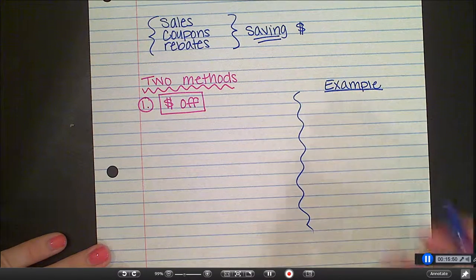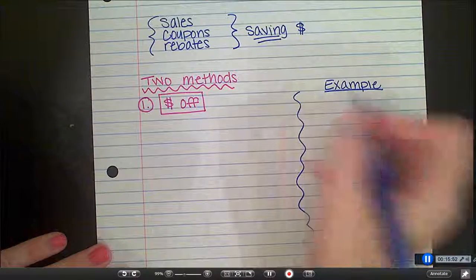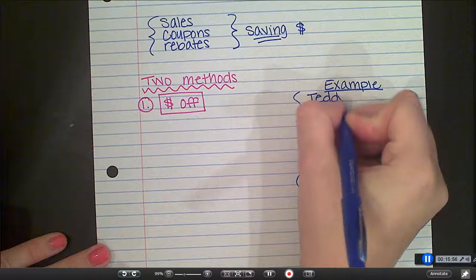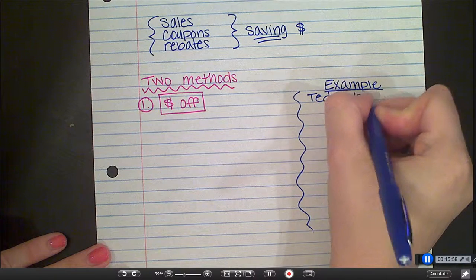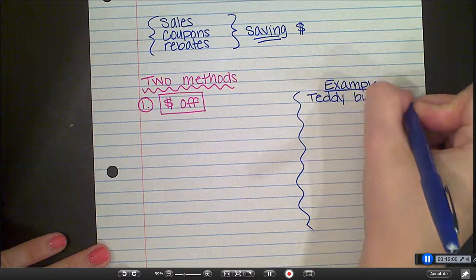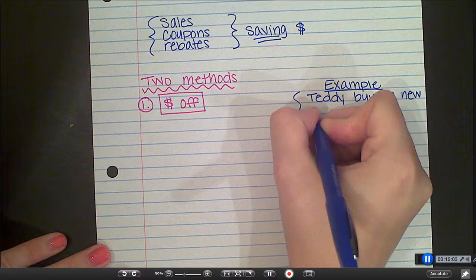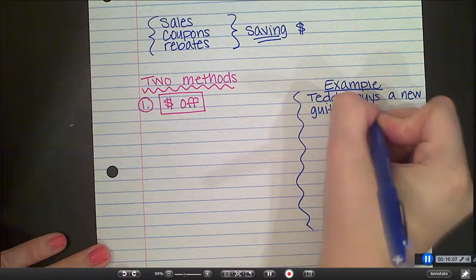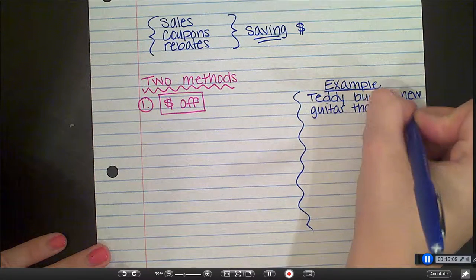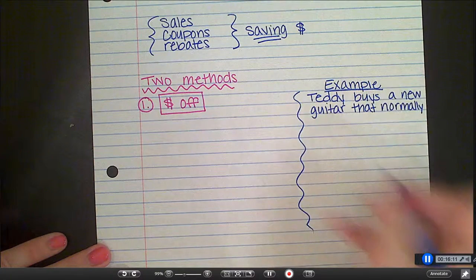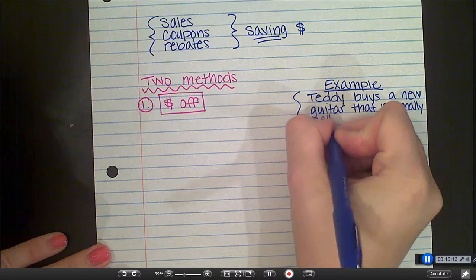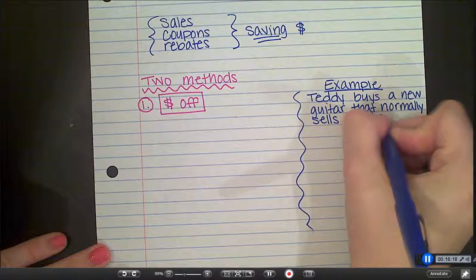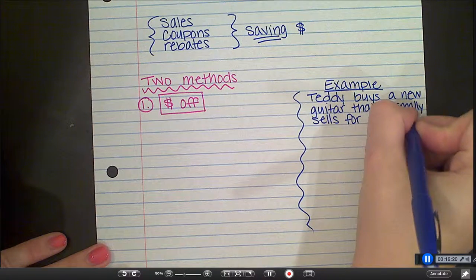Okay, please write this with me. Teddy buys a new guitar that normally sells for $229.